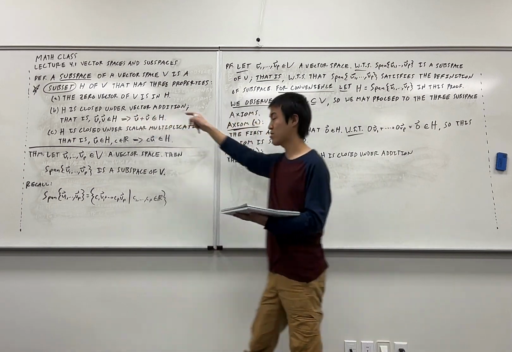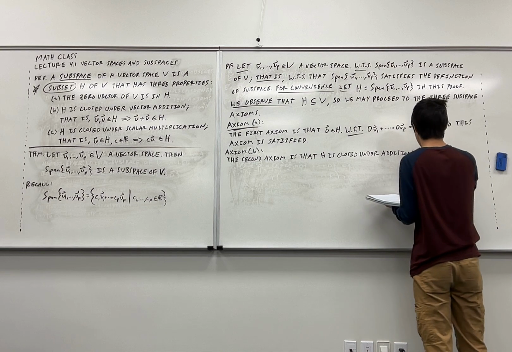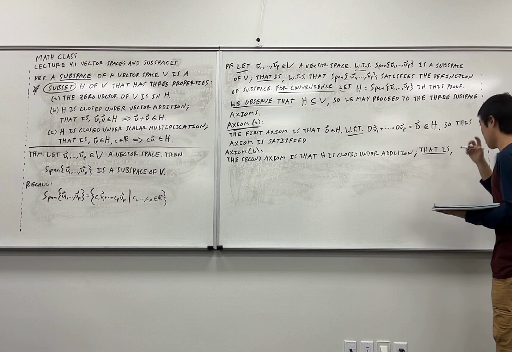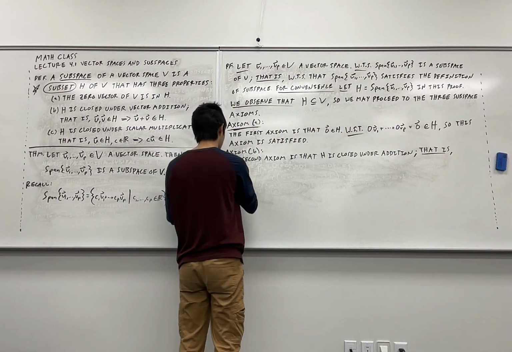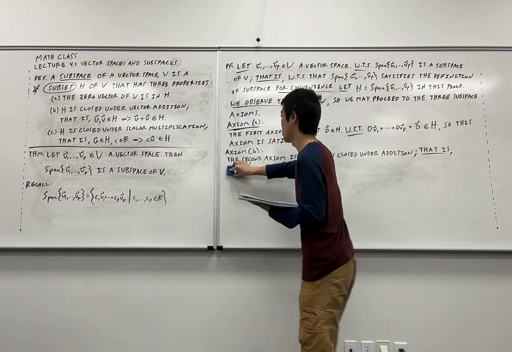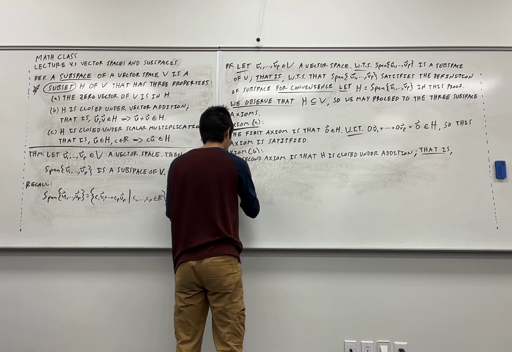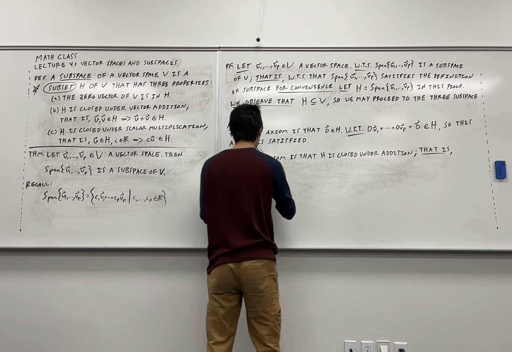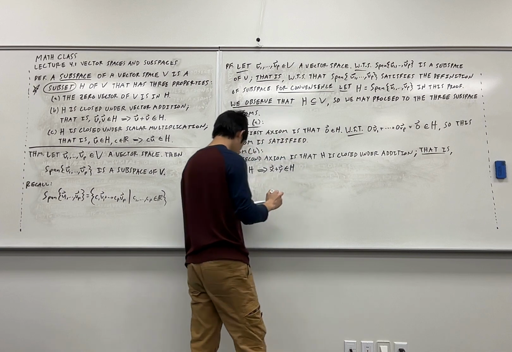H is closed under vector addition. That is, keyword, so I'm linking this to now some math that I can operate with. If I had a vector x and a vector y in H, that should directly imply that their sum, x plus y, is also in H.